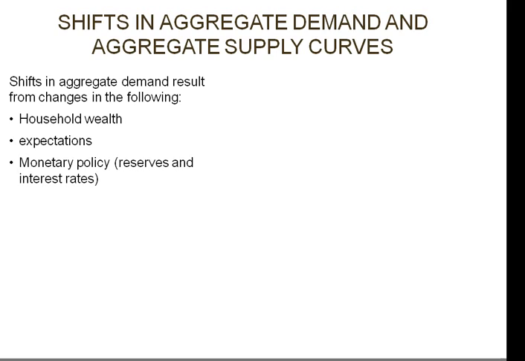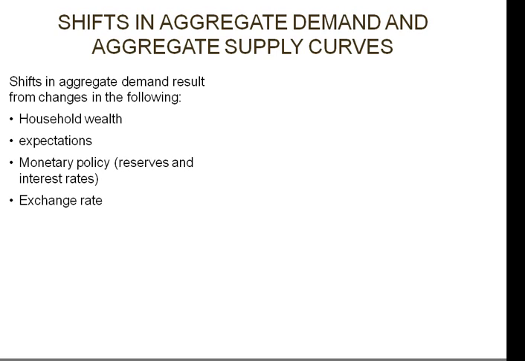Monetary policy, reserves and interest rate: if the interest rate falls, we consume more. If the interest rate increases, we save more and consume less. So if we consume more, aggregate demand increases and shifts upward. If we are consuming less, the aggregate demand curve will shift backward.